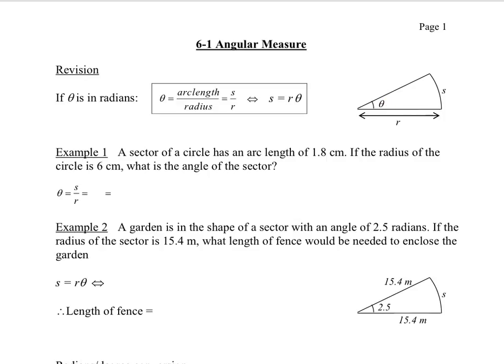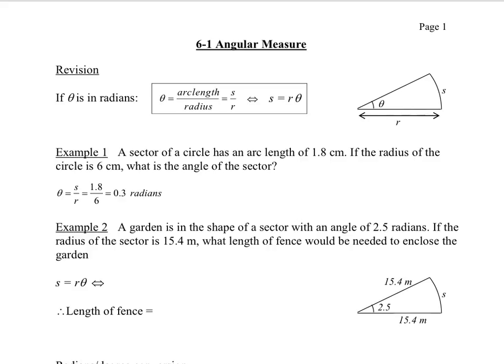All you have to do is use this formula, theta equals S over R, and plug those numbers straight in. We get 1.8 divided by 6, which is 0.3 radians. It'll be a different value in degrees, but in our new mathematical measurement of angles, it's 0.3 radians.